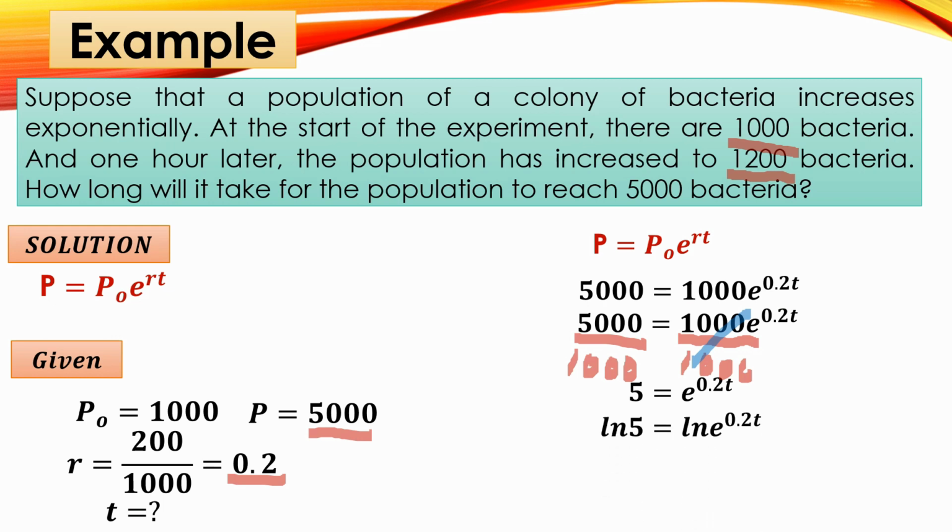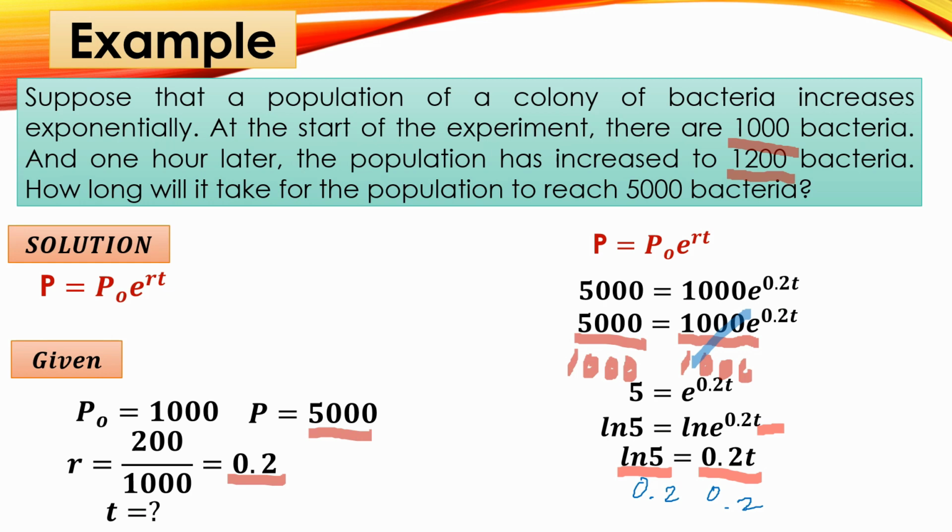So gagawin natin siyang natural logarithm both sides. Then after that, the equivalent of the natural logarithm of e is 1. So, ang mangyayari lang dyan, bring down nyo lang yung kanyang exponent, which is 0.2t. Then, divide both sides by 0.2.